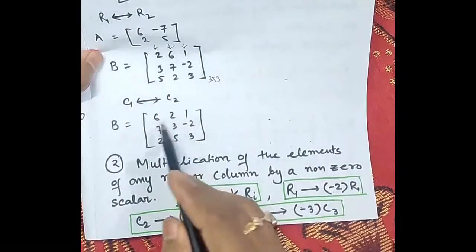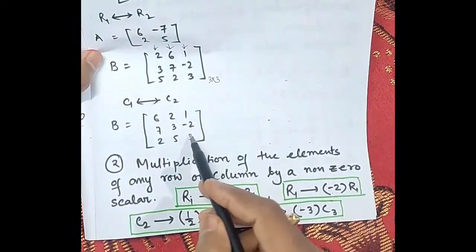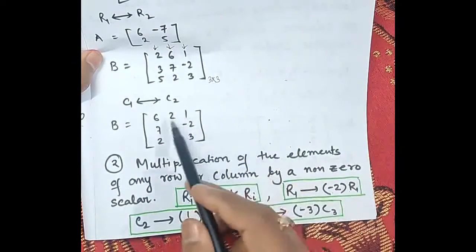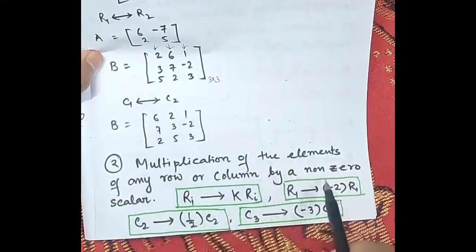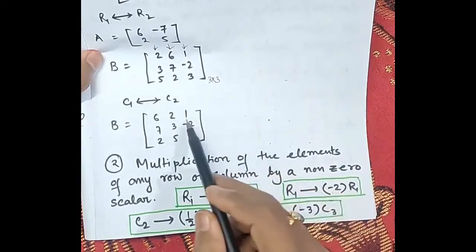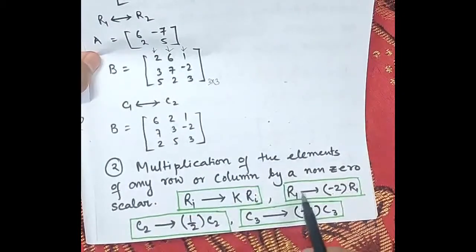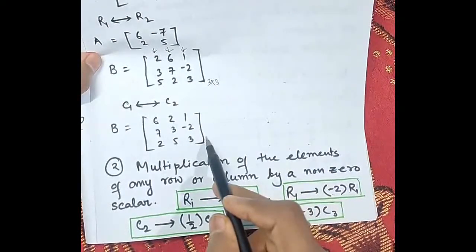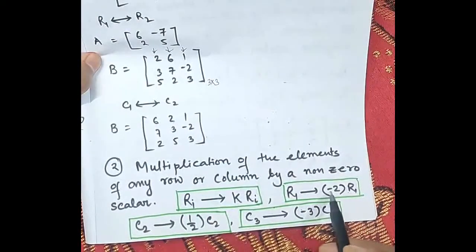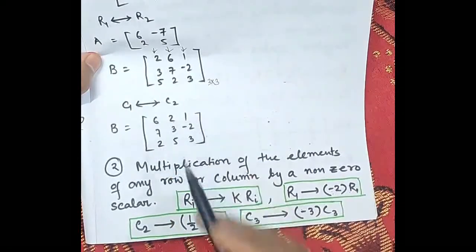That means if we are performing minus 2 into R1 in this matrix, what will you get in the next step? You will get 6 into minus 2, that is minus 12, 2 into minus 2, that is minus 4, 1 into minus 2, that is minus 2. So just multiply minus 2 with all the elements of the first row.